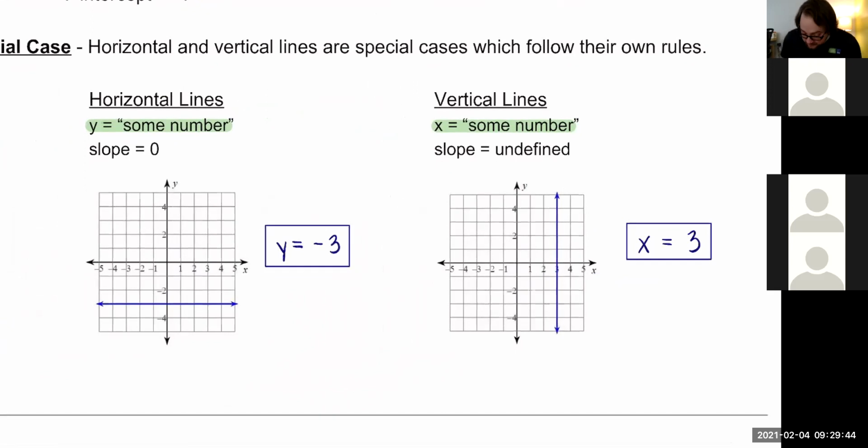So the special cases, I mentioned this the other day, are probably some of the easiest ones to graph. They're also some of the easiest ones to write. But if you look at them, they are extremely similar in how they appear. Maybe not visually on the graph, but algebraically through the equation, it's really just the difference between y equals or x equals.